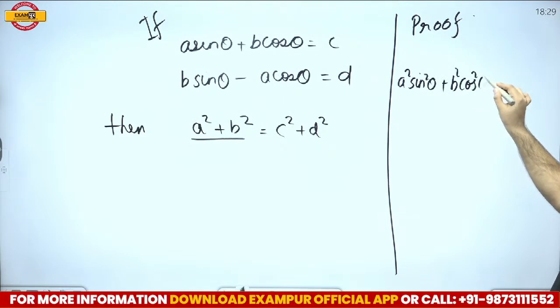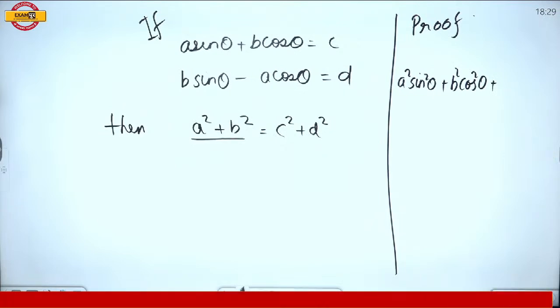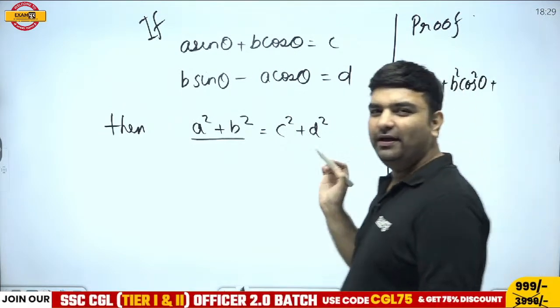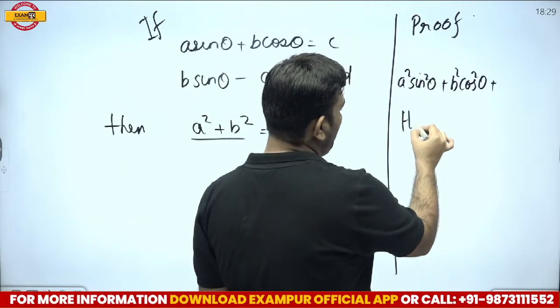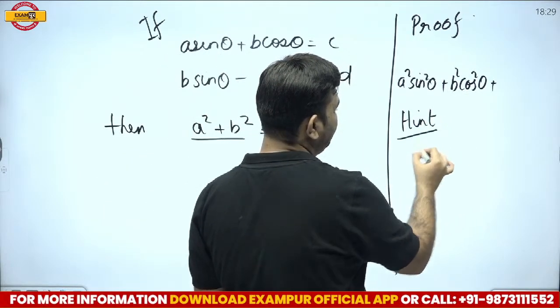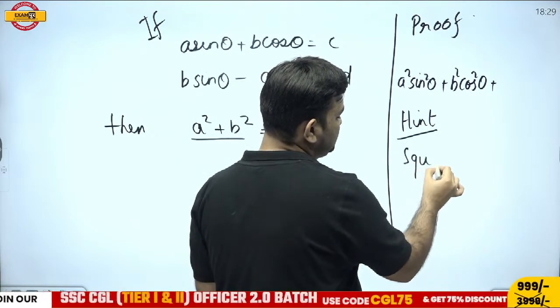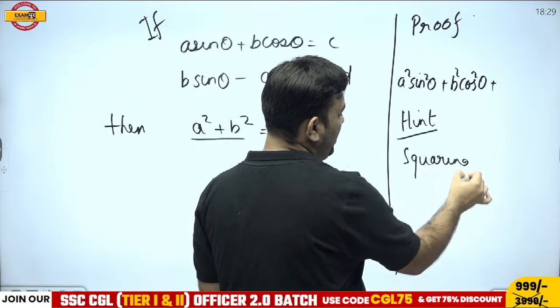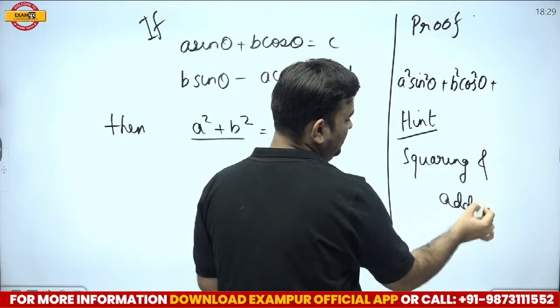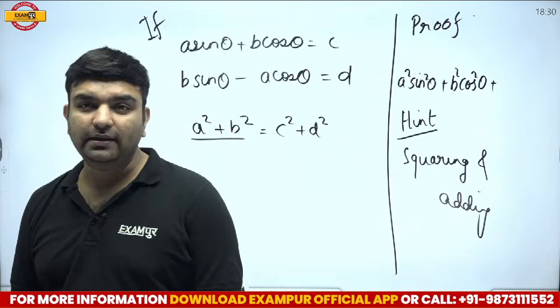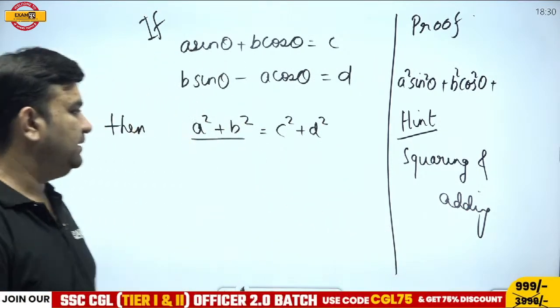Yeah, so a square plus b square. Let's leave it, guys. Just write the hint: squaring and adding. Squaring and adding is the hint for this proof.